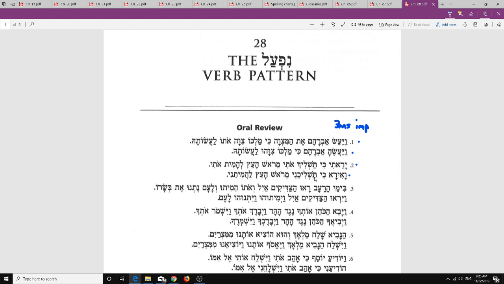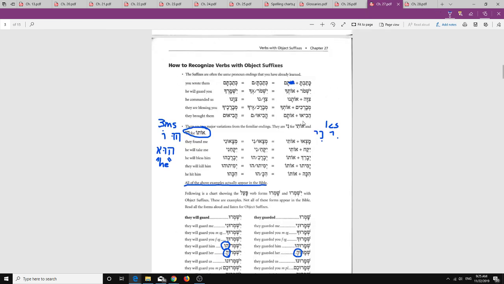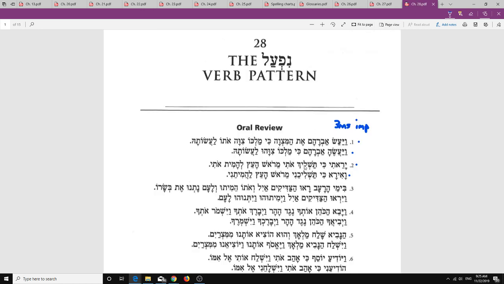tashlikeni. So here we have the same word, you would throw, just instead of ot, now we have a noon hirik yod. If you remember, that's what we expect when suffixed to a verb for the first common singular.